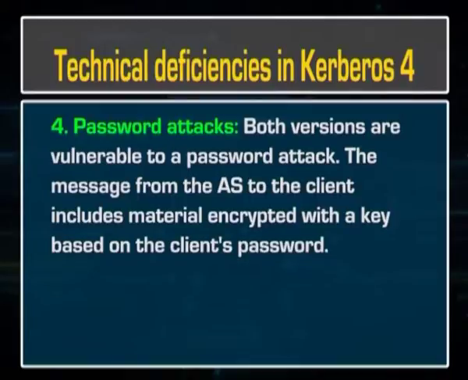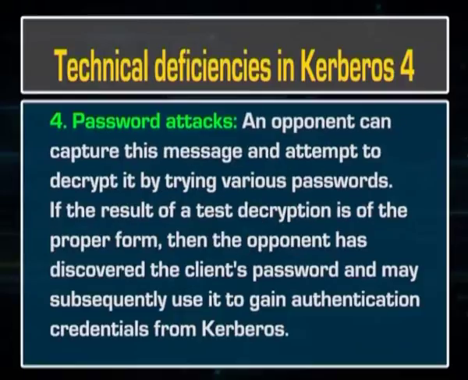Password attacks. Both versions are vulnerable to a password attack. The message from the authentication server, that is AS, to the client includes material encrypted with a key based on the client's password. An opponent can capture this message and attempt to decrypt it by trying various passwords.